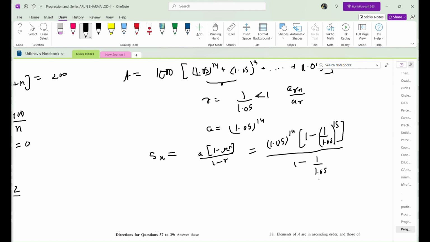We can just solve this as 1.05 raised to the power 14, divided by 1 minus 0.05, to the power 15, upon 1 minus 1.